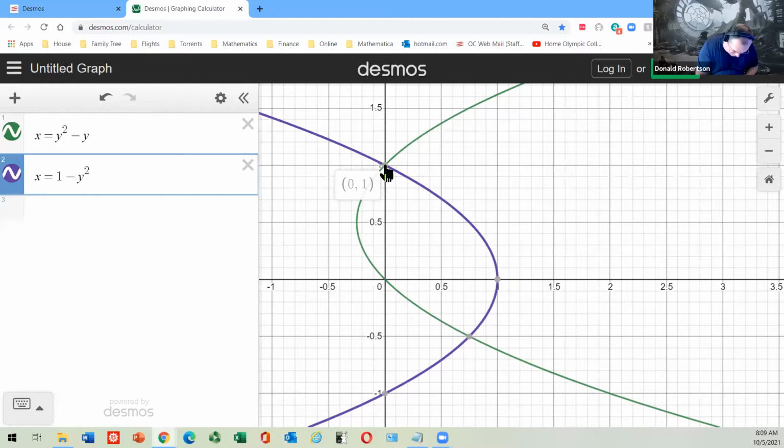And the green one is this one, and the other one is this guy. And I know that that point there is a 1. And can you see this guy here is at -1/2?